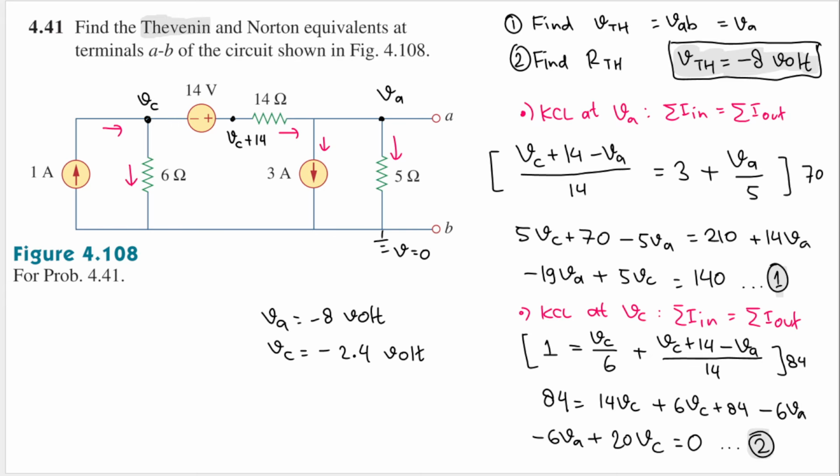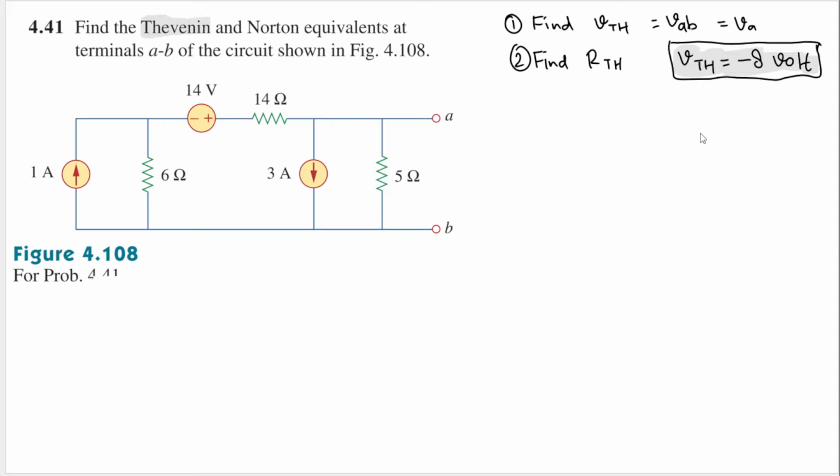Let's clean up the board first. Then the second one that we need to find out is the Thevenin resistance. So we need to find the Thevenin equivalent circuit seen from this point here. However, we need to turn off all the sources. So we will have the current source replaced by open circuit like this.